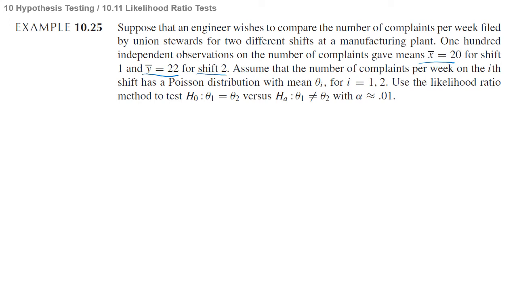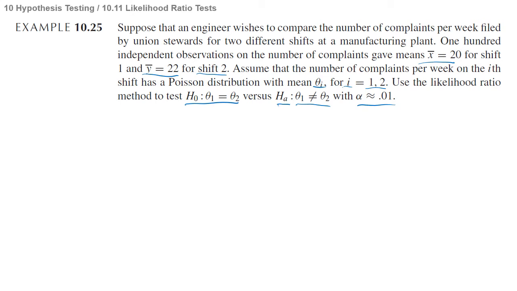Assume that the number of complaints per week on the ith shift has a Poisson distribution with mean theta i for i equals 1 and 2. Use the likelihood ratio method to test the null hypothesis theta 1 equals theta 2 versus the alternative hypothesis theta 1 not equal to theta 2 with alpha approximately 0.01.